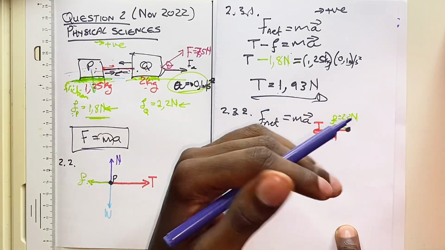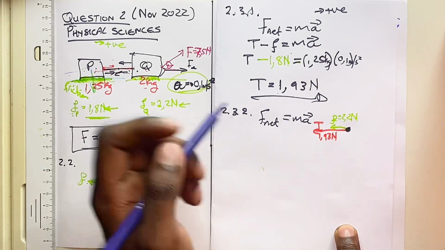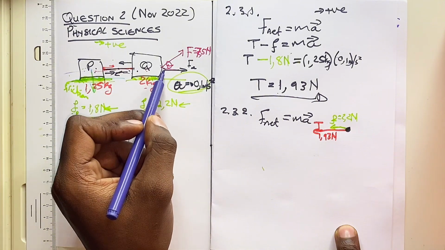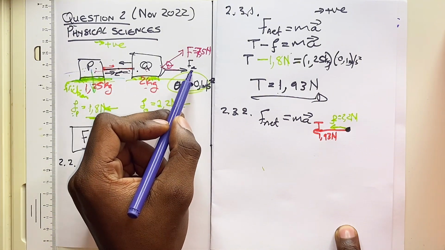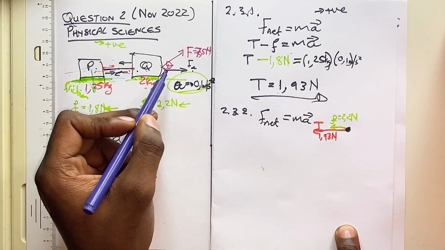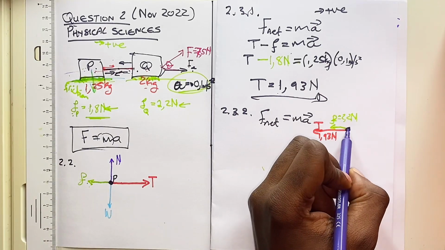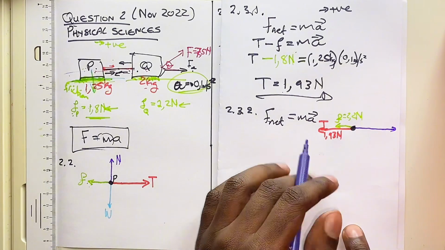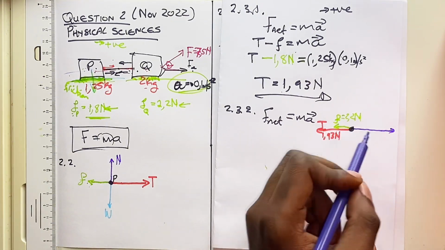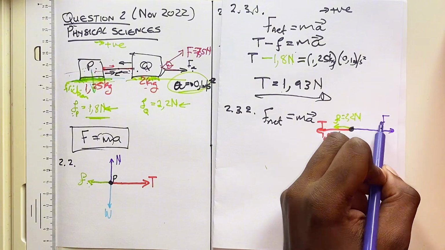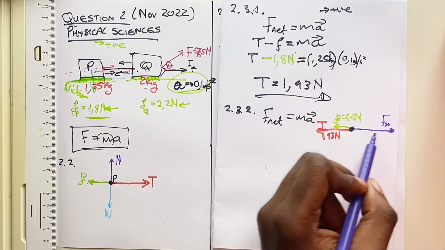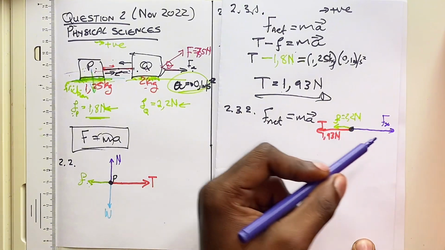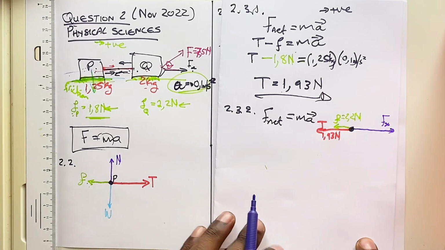Now, since they're accelerating, that means our force has an x component that is managing to pull everything to the right. So it will have to be larger than both the tension and the friction combined. So our x component of the force is managing to pull everything so that there's motion to the right.